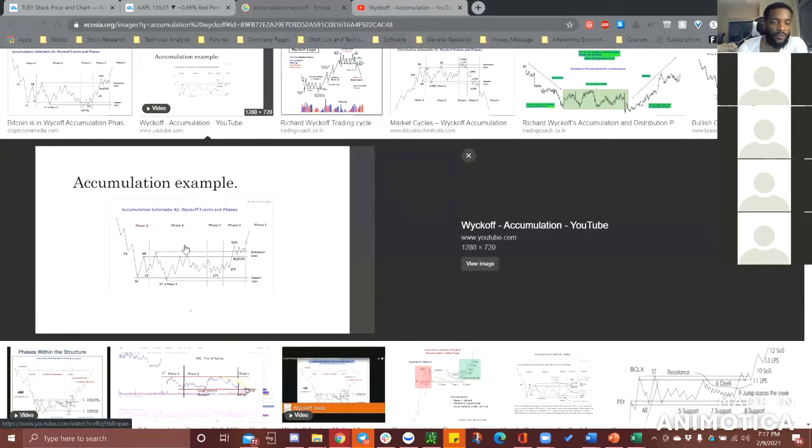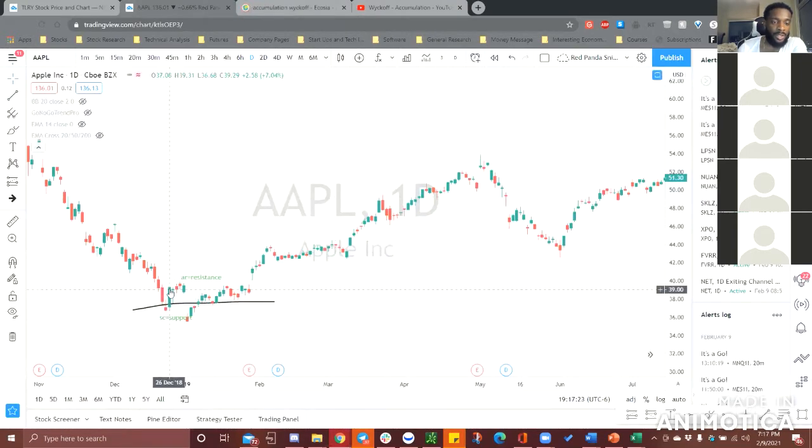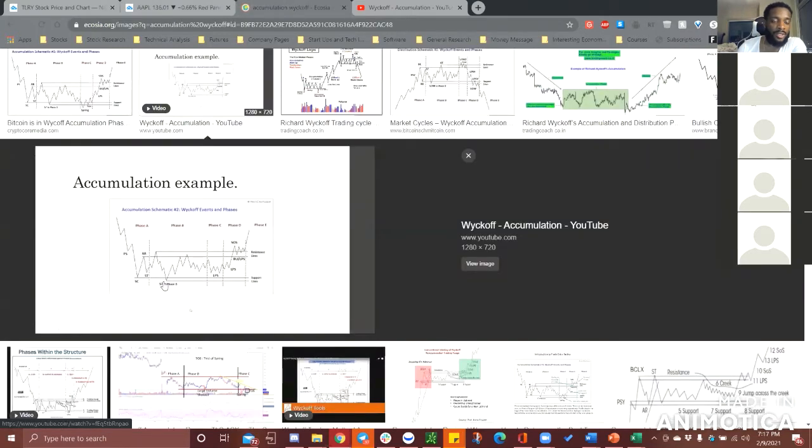But just to go over your phases, that's your phase A that we just discussed. So it goes up, then there's this secondary test of the support line. It kind of broke through, which would be considered a shakeout in the different schematic.